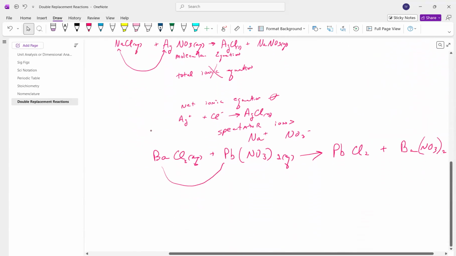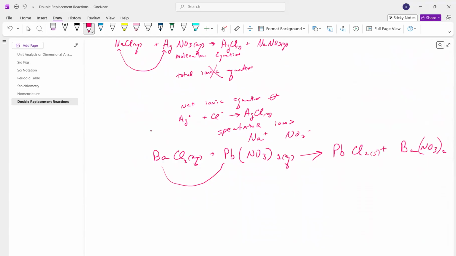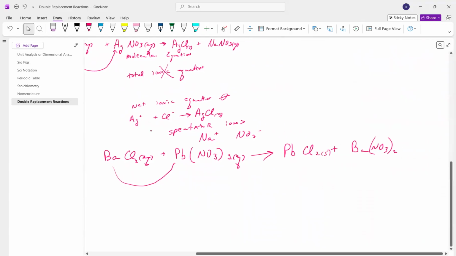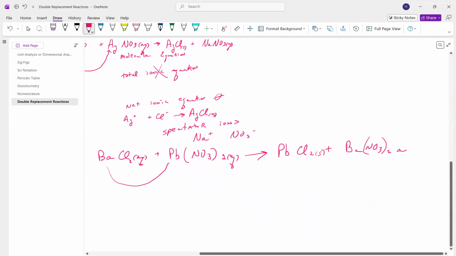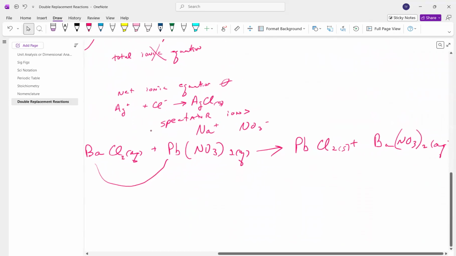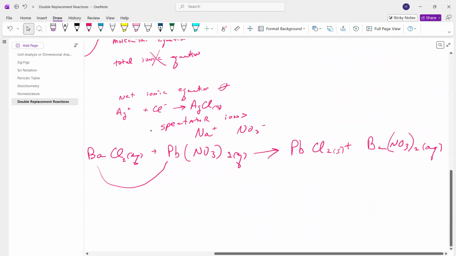Okay, so this is going to be a solid. And that's an aqueous. Atoms adding up to and out, three about.